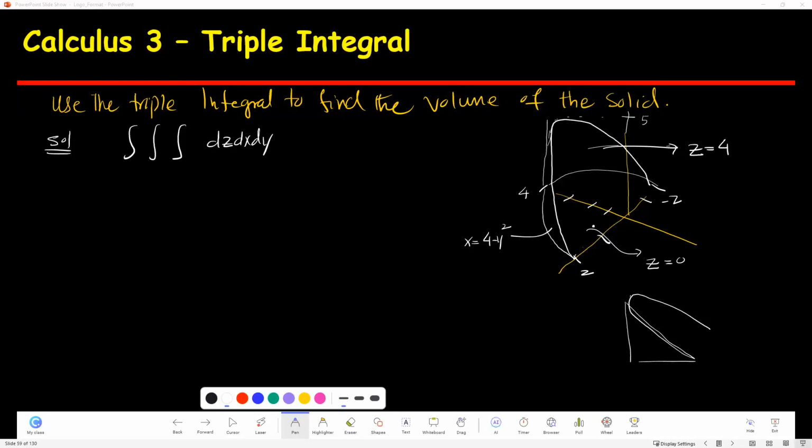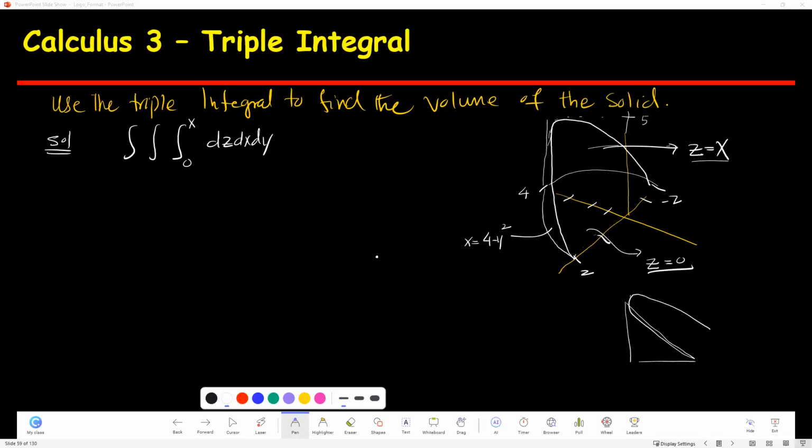In dz, I'm going from the bottom up to x. So my z value starts from 0 and goes up to x, so I'm going to write 0 to x. For the y value, going this way is my y.